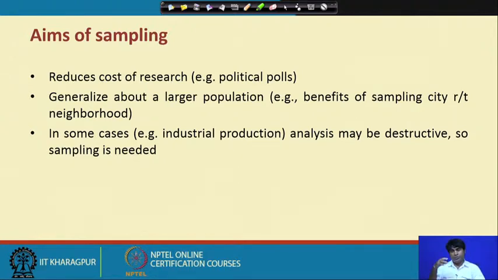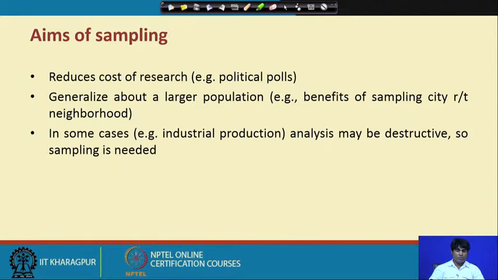The aim of sampling is to reduce the cost of the research. Of course, if you go for the population to analyze the problem, the cost will definitely be very high. So in order to reduce the cost, it is better to take a few samples, analyze them, and then generalize, and that will give you an inference towards the population.